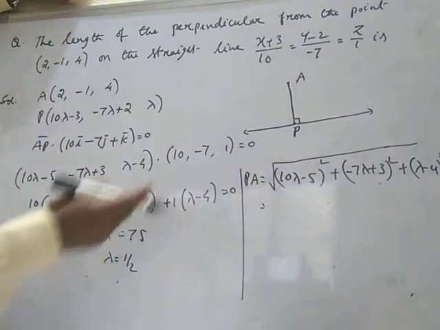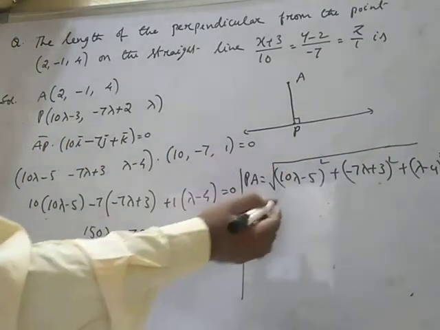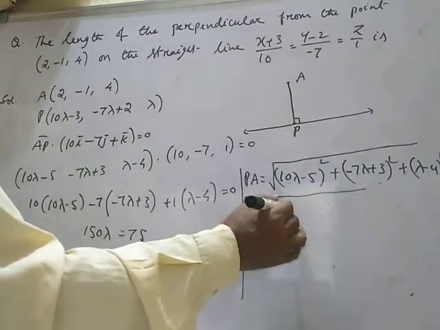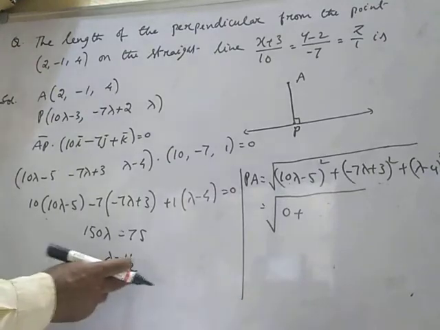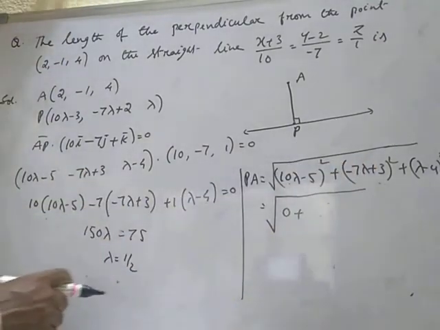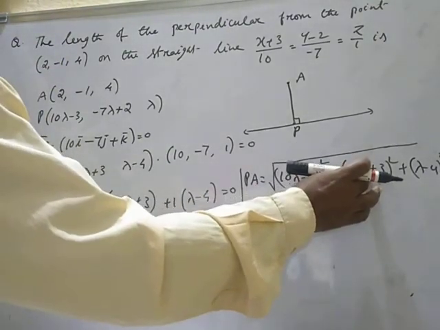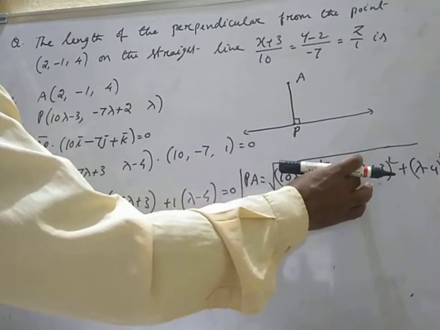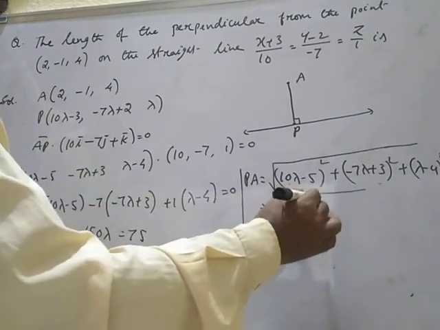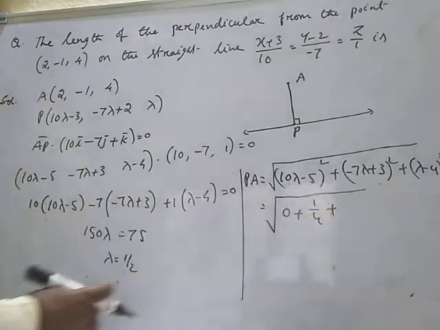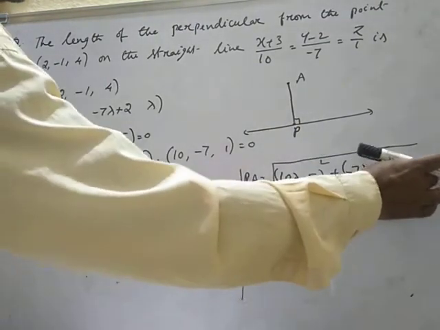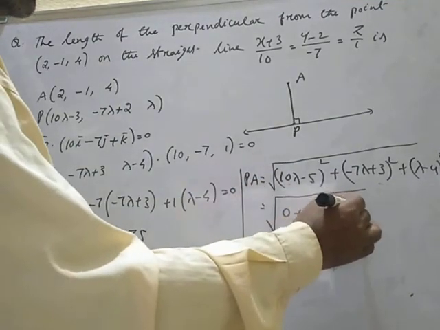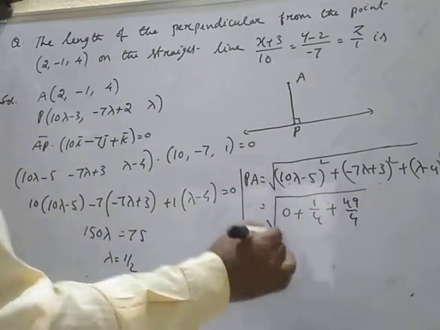By substituting lambda equal to 1 by 2: 5 minus 5 is 0. And lambda is equal to 1 by 2, taking LCM 2 to the 6: 6 minus 7 minus 1, minus 1 by 2 whole square, 1 by 4. 1 by 2 minus 4, minus 1 by 2. 7 sevens are 49 by 4.